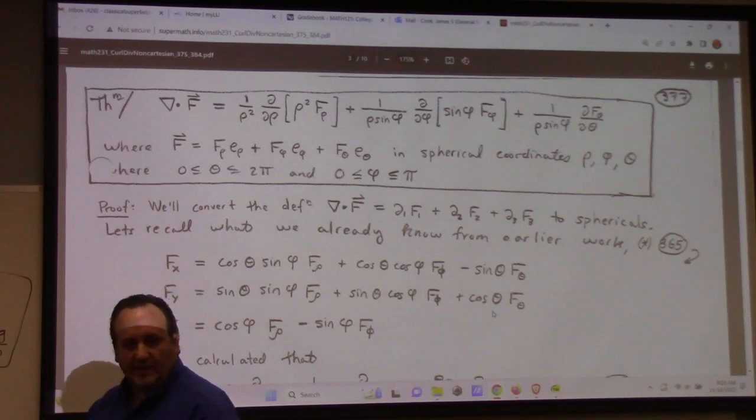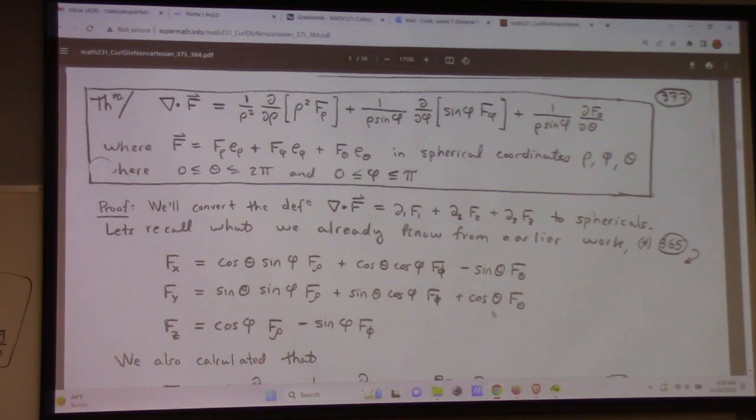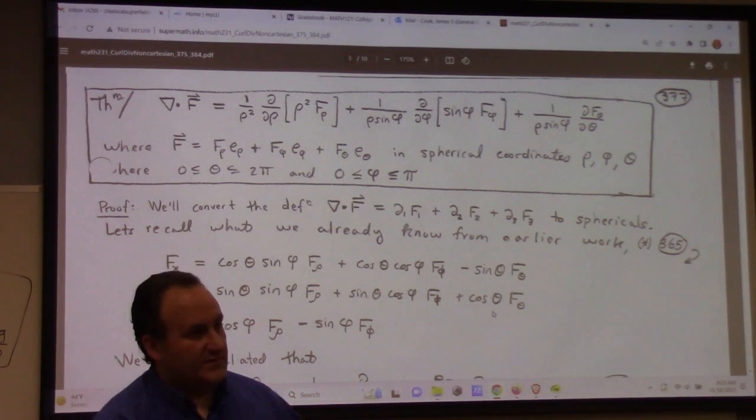To calculate the divergence of the Coulomb field, if you have this formula handy, you simply plug 1 over rho squared into here. This is 0. This is 0. So what's the divergence?